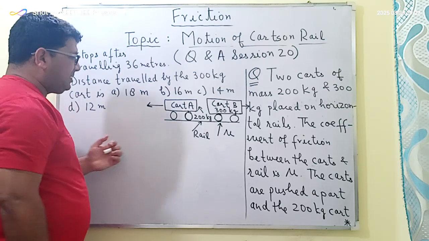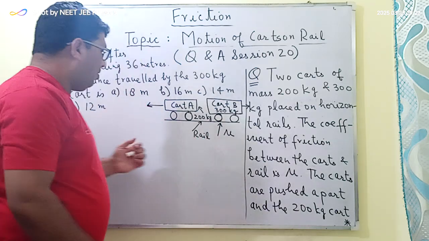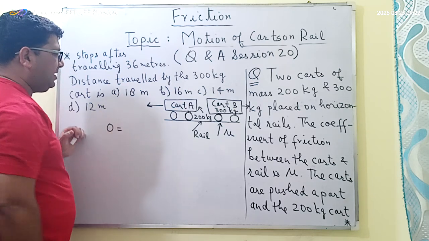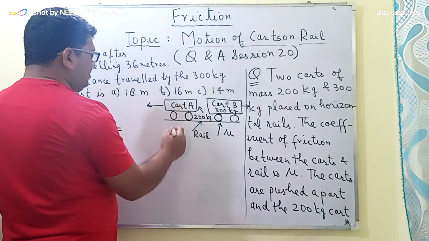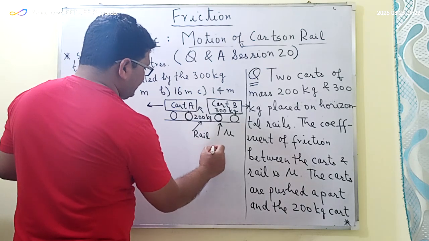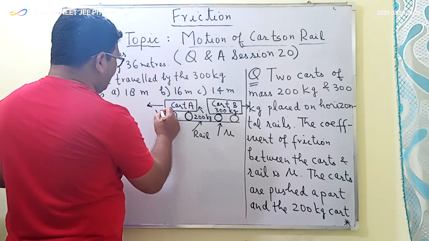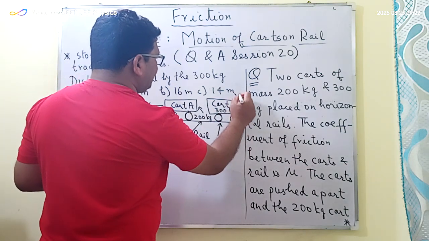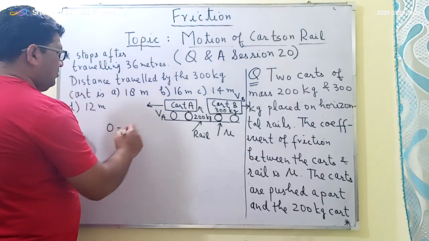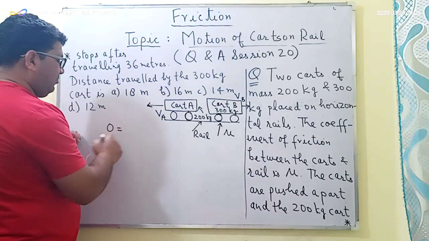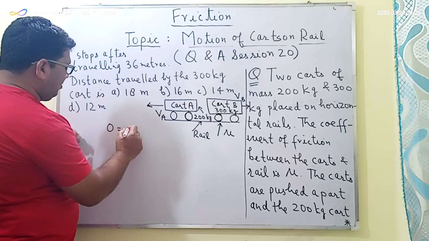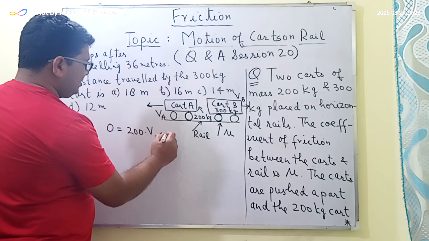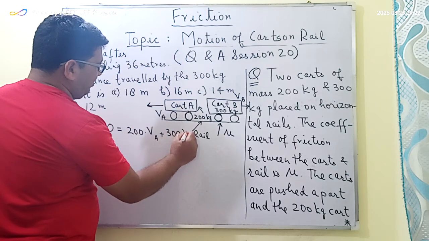In this question, first of all, we will use the law of conservation of momentum. The initial momentum is equal to 0, and let us say the velocity of cart A is VA and the velocity of cart B is VB. So 0 equals 200 into VA plus 300 into VB.